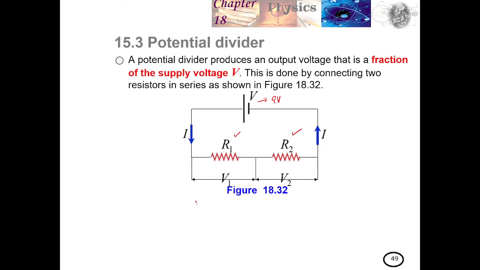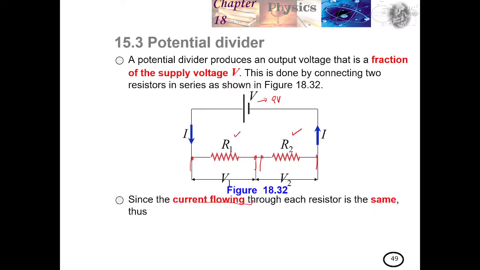Then you also have an output over here. You can use the voltage output from the first resistor or the output from the second resistor. So it actually only requires 2 resistors to get a fraction of the voltage from this 9 volts.